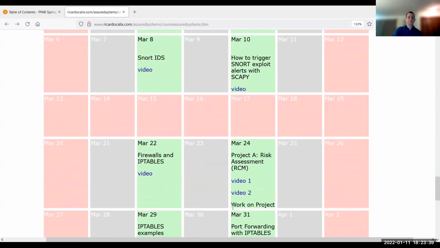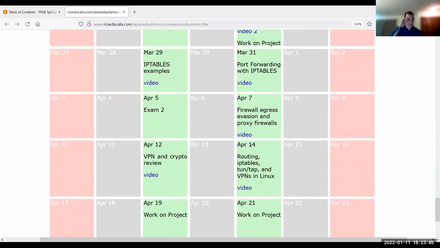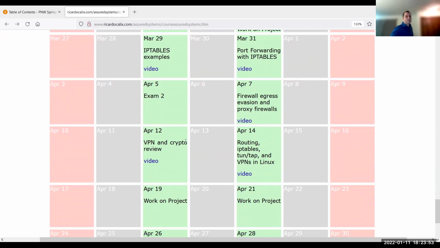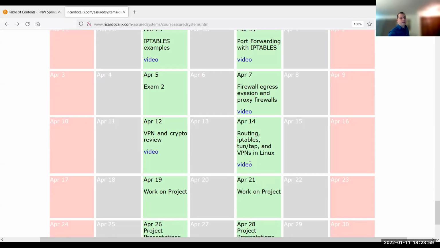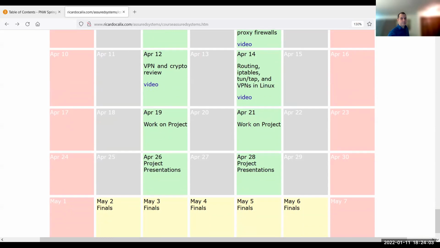We will look at firewalls, IP tables, and various other things, what are called firewall egress evasion or proxy firewalls. Then we'll look at VPN, a little bit of crypto, some routing issues with VPN, and those are the general ideas of the course.